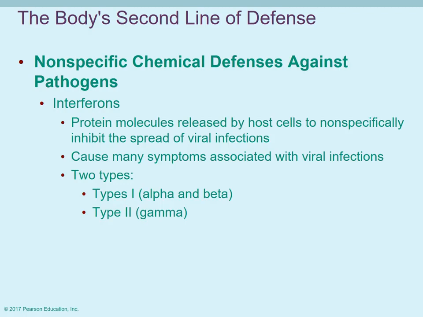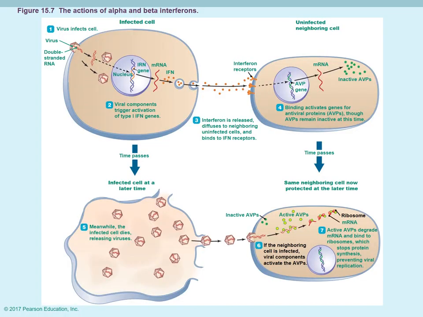That actually can cause some of the symptoms associated with a viral infection, but the idea is to help decrease the spread of the viral infection. There are two main types of interferons, type 1 and type 2. Just so you know, this is another one of those lovely words that, depending on where you work in the country, may have different pronunciations.